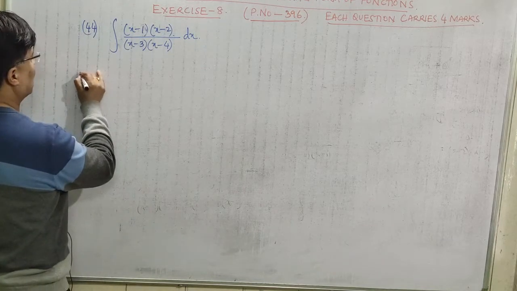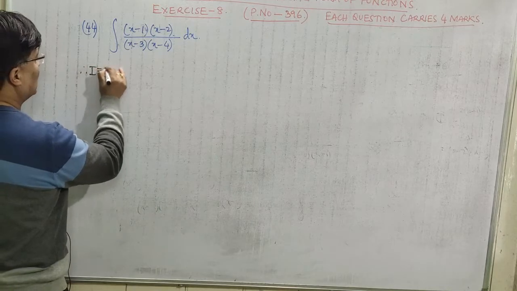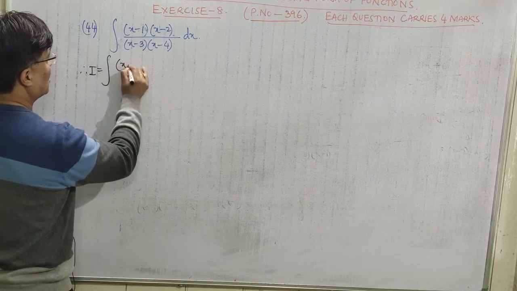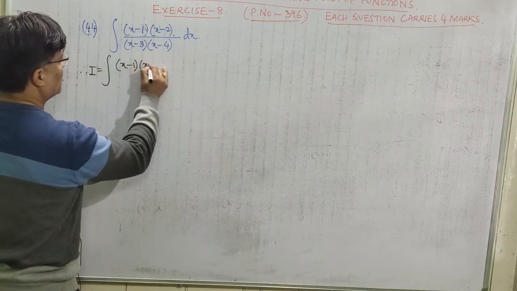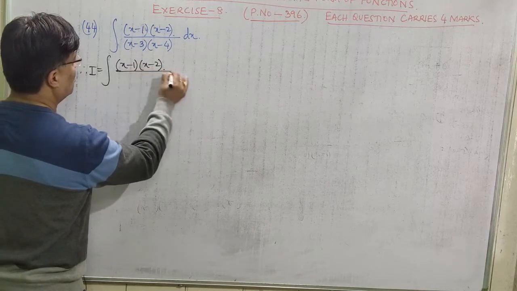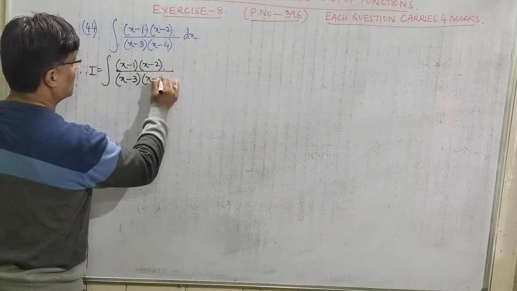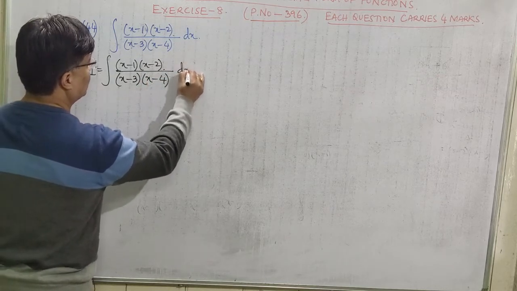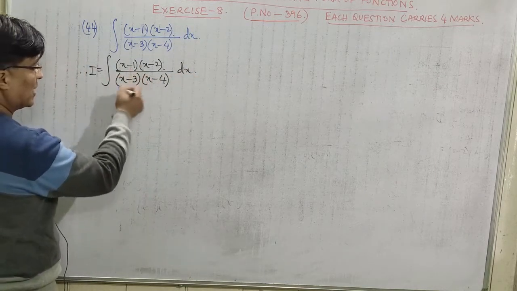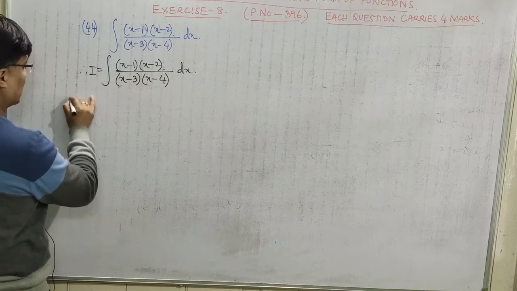So let us write here now, I is equal to integral x minus 1 into x minus 2 divided by x minus 3 into x minus 4 dx. So now let us directly convert this fraction into partial fraction.